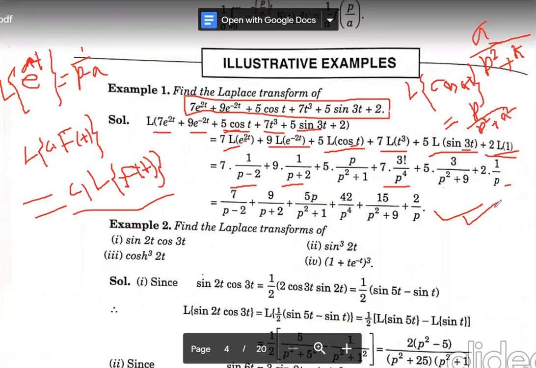If you know the Laplace transform of e to the power at, then you have to apply it. If you have e to the power 5t, e to the power 7t, whatever, like this type of term is there, then you can directly apply.